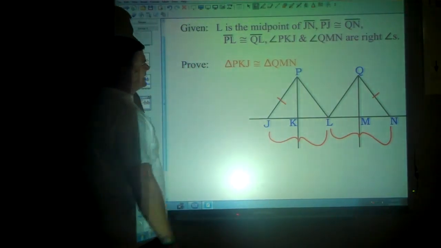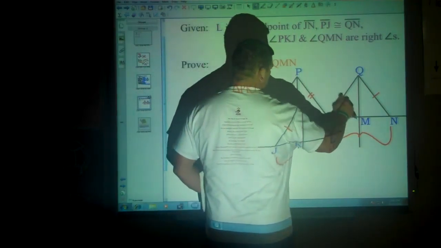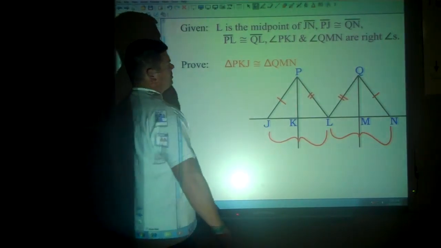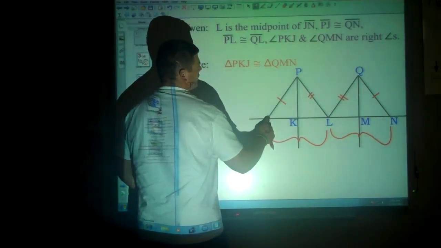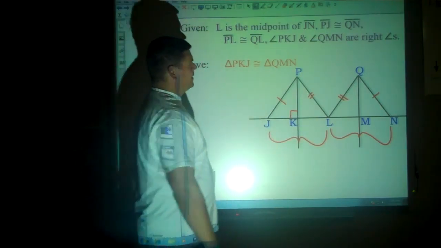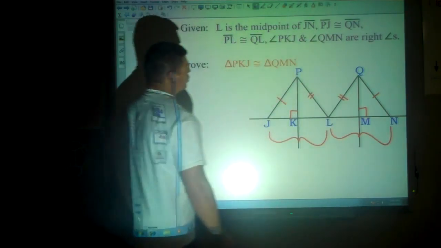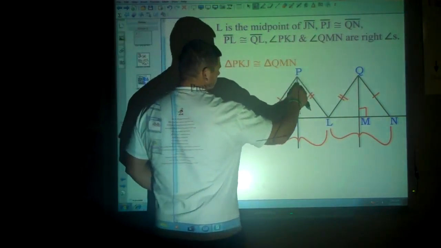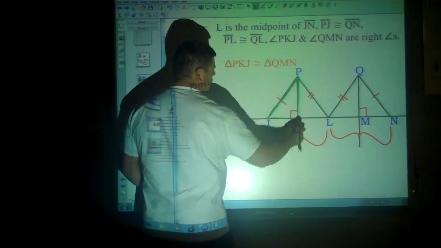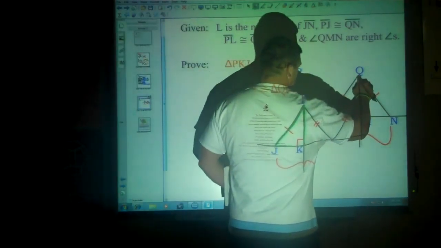We are also given PL is the same as QL. And we also know that angle PKJ is a right angle, and QMN is a right angle. We are trying to prove that triangle PKJ is exactly the same as QMN.